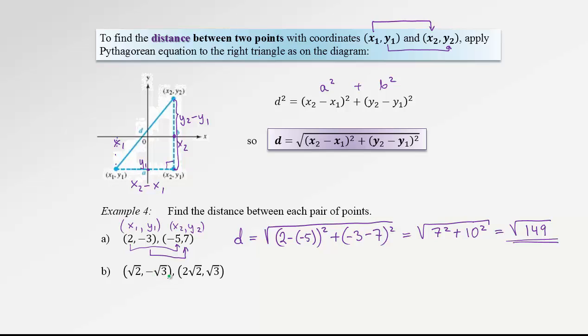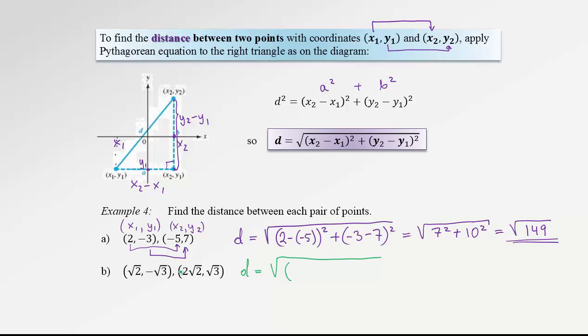This time the coordinates are a little bit more demanding because of those roots. Okay, the distance is square root of, and we are going to make the difference between x coordinates. It actually doesn't matter which point we'll start with.